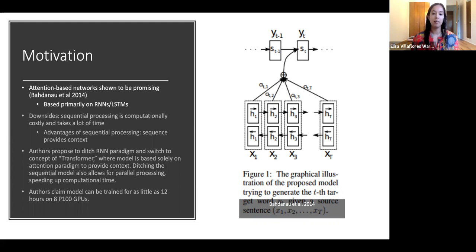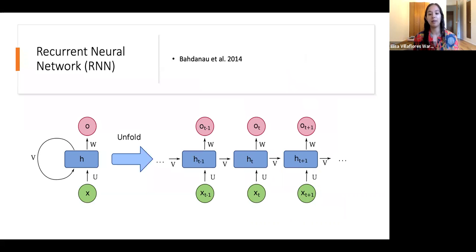There was a paper that came out in 2014 that reintroduced this concept of attention and using attention to solve this translation problem. To describe this paper, I will give a little history of what people have been using. In recent times, people found that using recurrent neural networks turned out to be really useful for dealing with natural language processing problems.